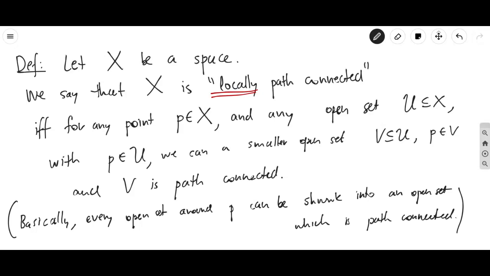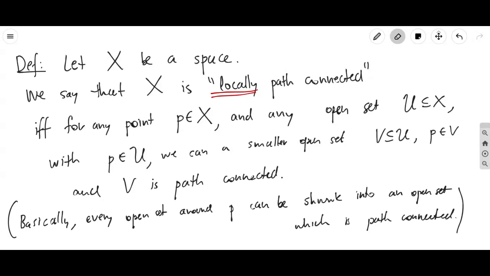So now here's the part which is quite bizarre, really, really bizarre. You would think that if something is path connected, it is automatically locally path connected, because when you're saying something is path connected, you're saying it on a global level, that for any two points you can find a path.